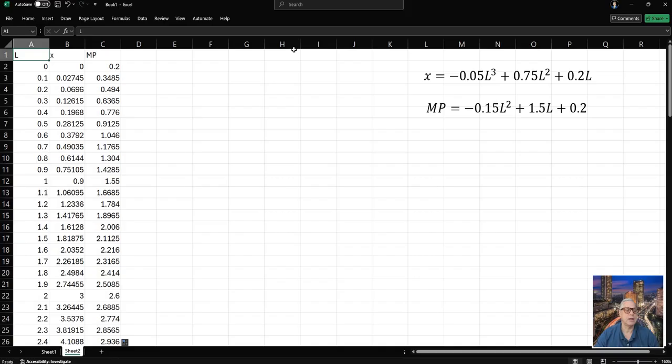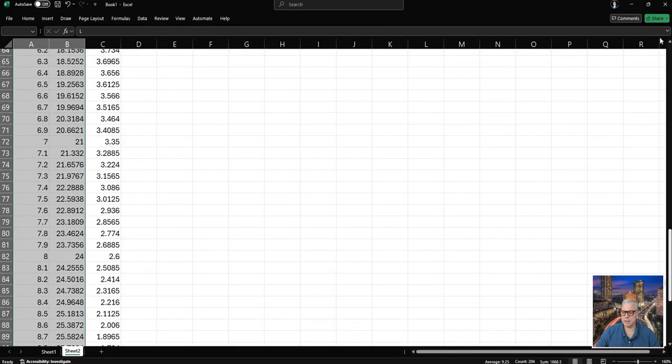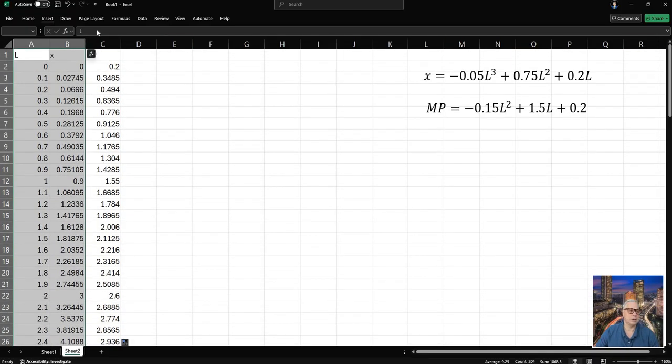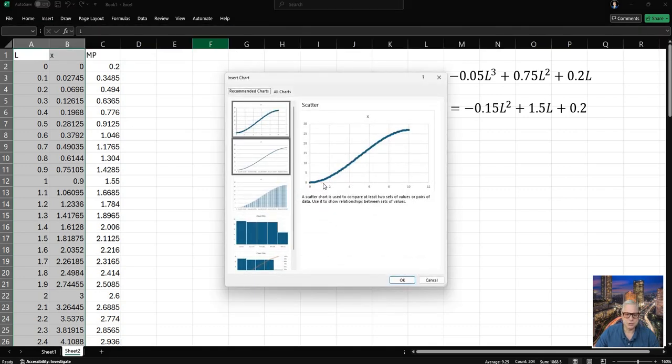And so now let's first highlight the first two columns and create the S-shaped production function. So we highlight everything, and then we go to Insert, Recommended Charts. And you see we indeed get something which has this S-shaped curvature.